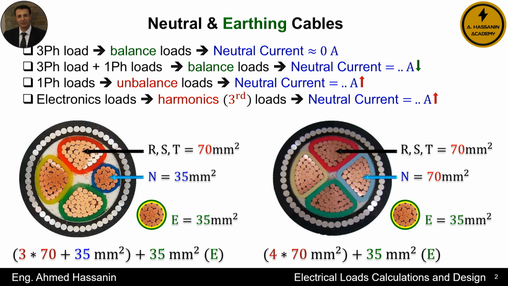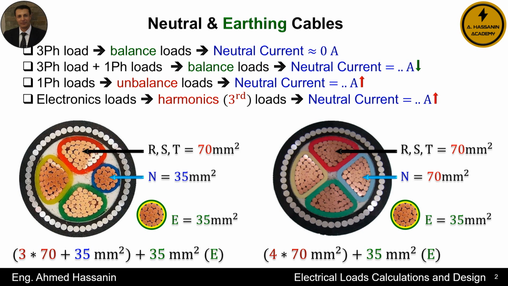On the other hand, for single-phase loads, we only use one phase, R, S, or T, along with the neutral. Since the current in each phase varies and does not carry the same value, the load becomes unbalanced. This results in a significant current flowing through the neutral, meaning the neutral current is high.